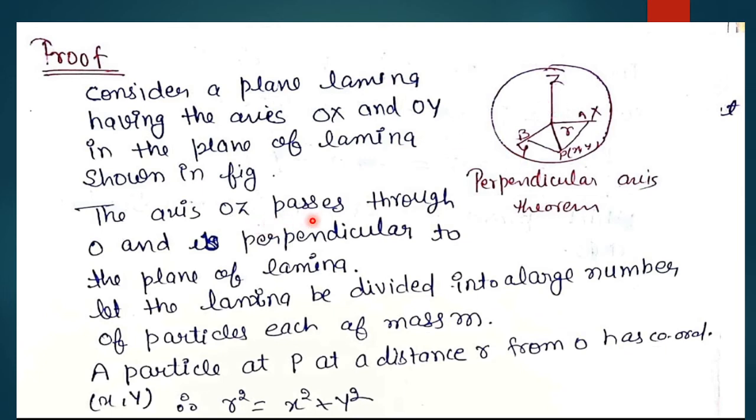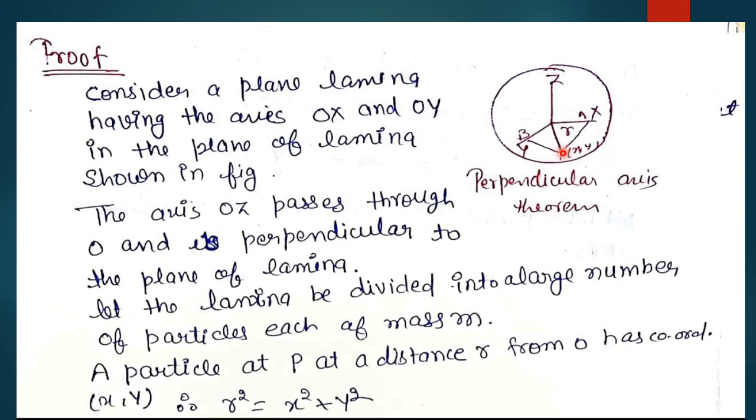The axis OZ passes through O and is perpendicular to the plane of the lamina. Let the lamina be divided into a large number of particles, each of mass m. So we are taking a particle at point P at a distance r from O.